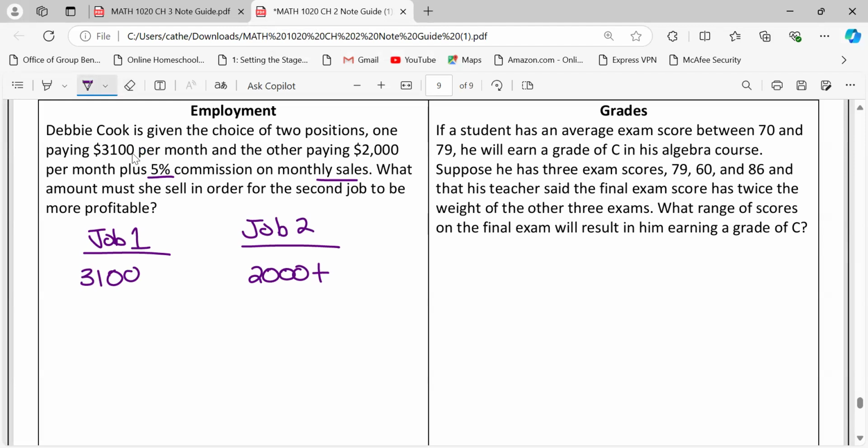So 5% as a decimal, you divide it by 100, is 0.05 times X, X being whatever the monthly sales are that she makes. What amount must she sell in order for the second job to be more profitable? So at what point does job two pay her more than job one?